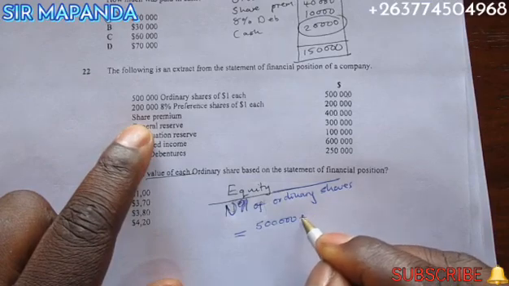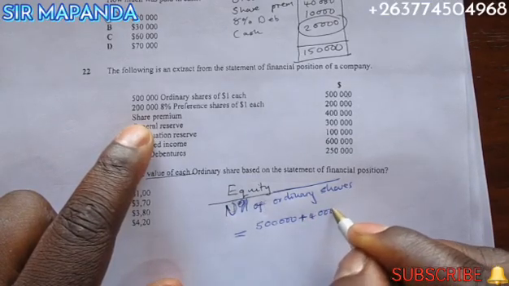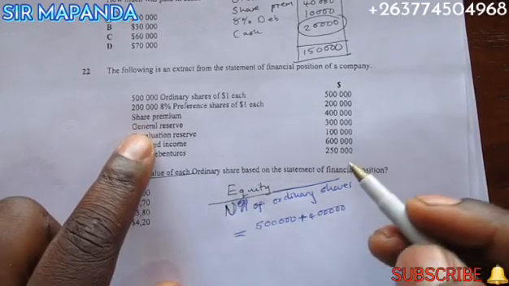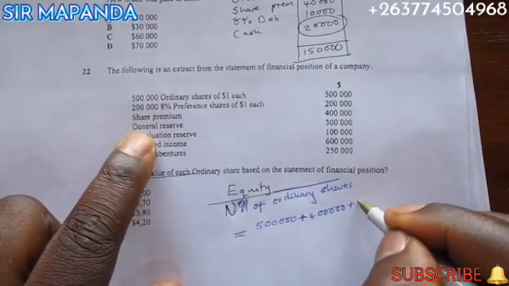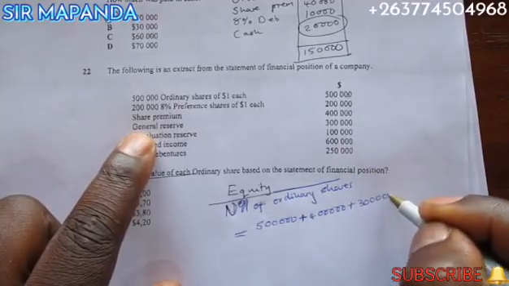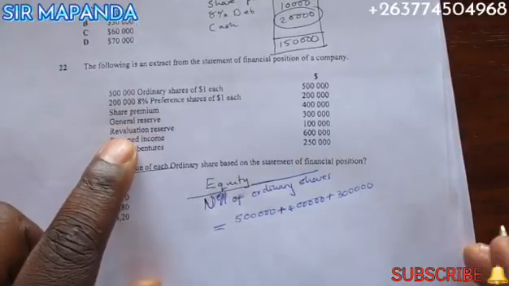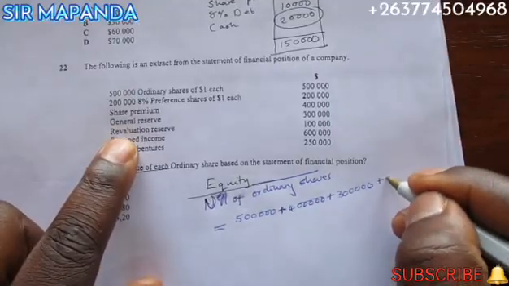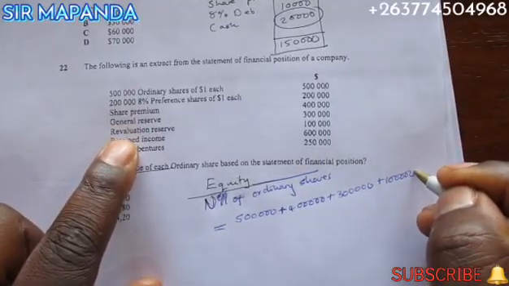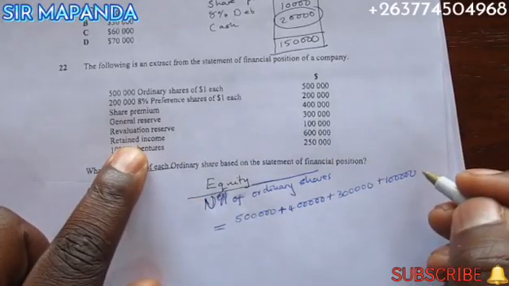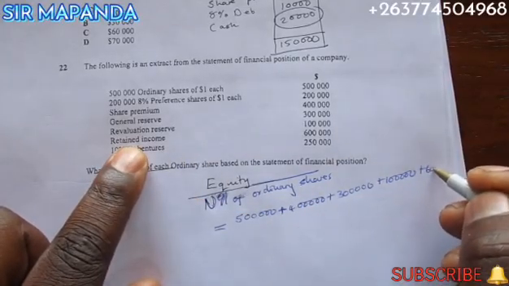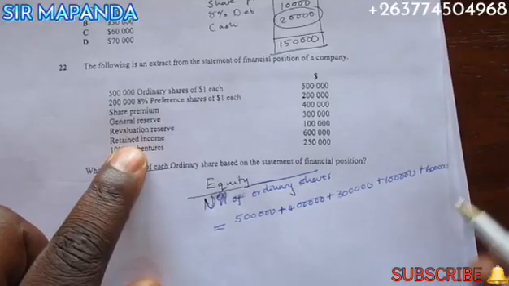So I'm going to include 400,000 in the equity. General reserve is also included, 300,000. Revaluation reserve of 100,000 is also considered. Retained income of 600,000 is also considered.